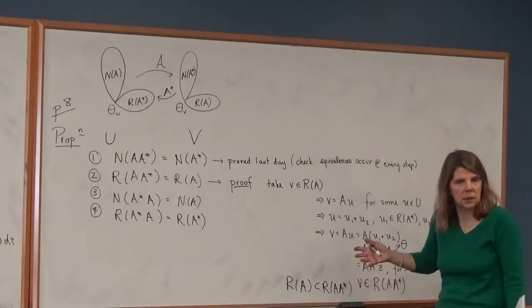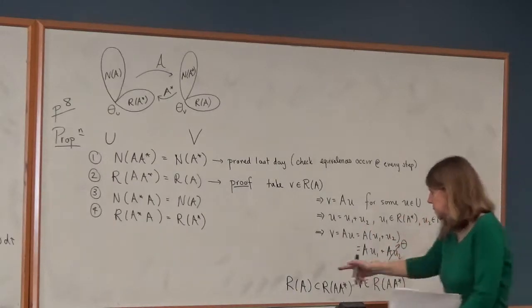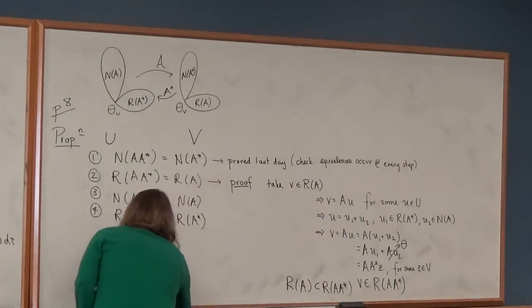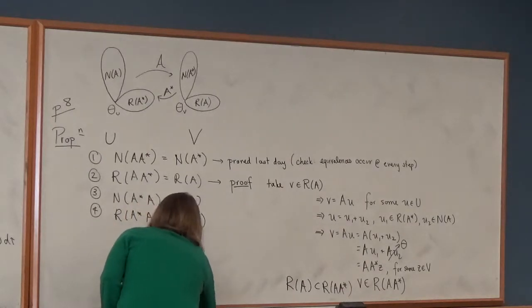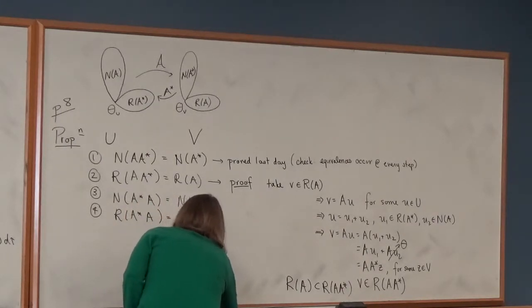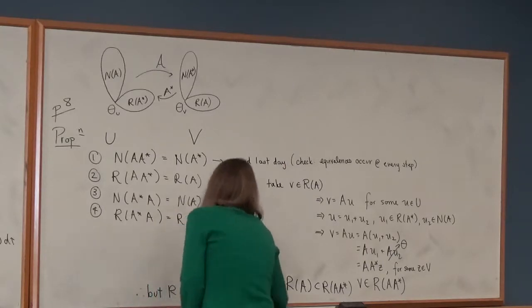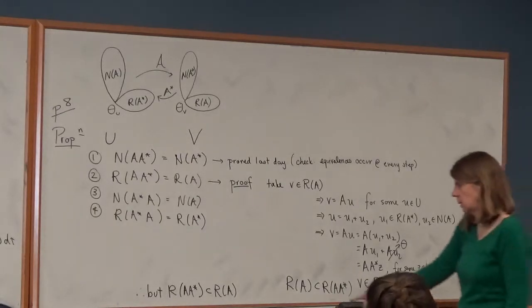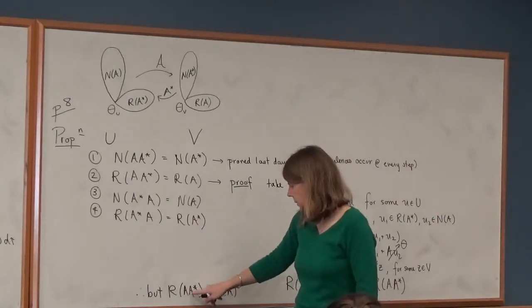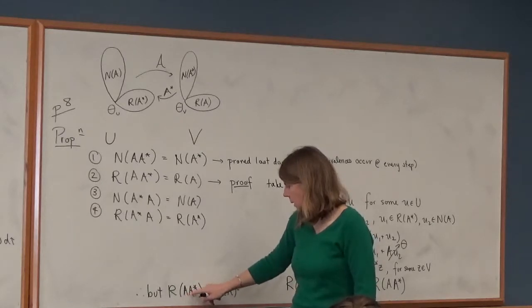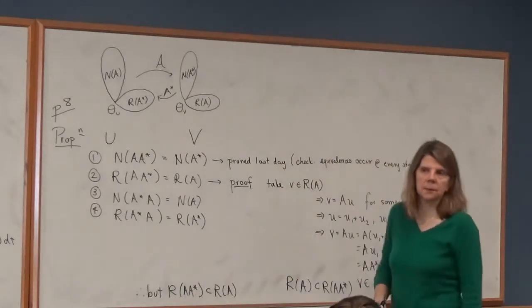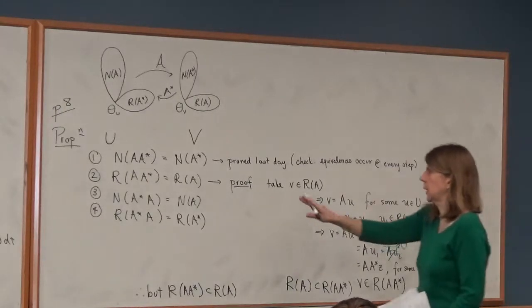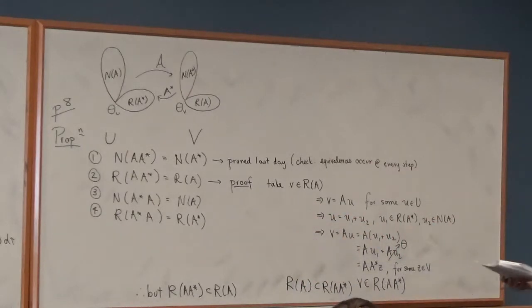So that direction is kind of obvious from writing it out: the range of A star is always a subset of the range of A. Because a vector in that range, you just write it as A times A star times some vector, so it's in the range of A. Now we have those two sets equal to each other, since double containment proves equality of sets. And then 3 and 4 follow directly from the previous.